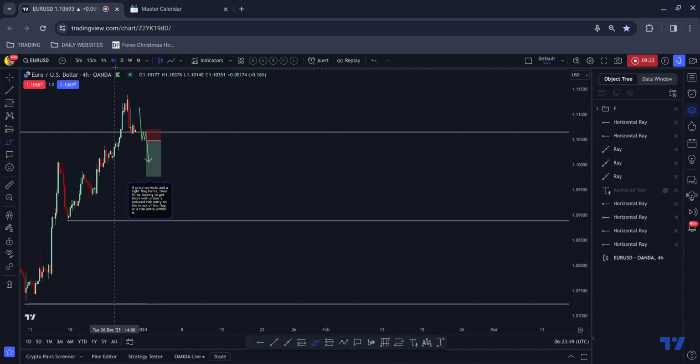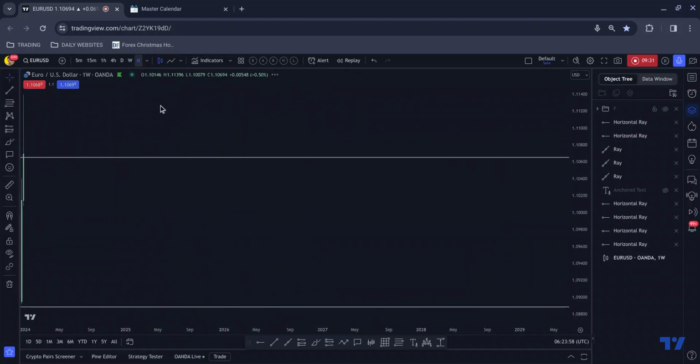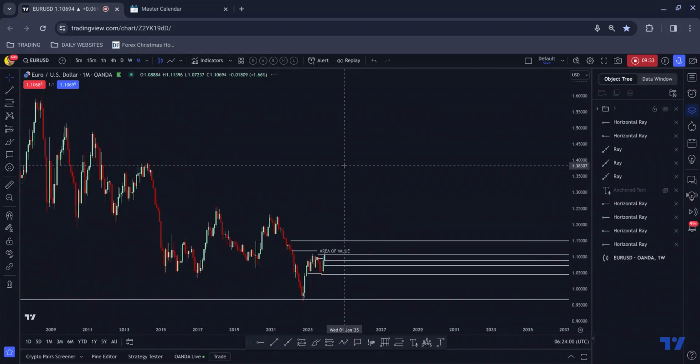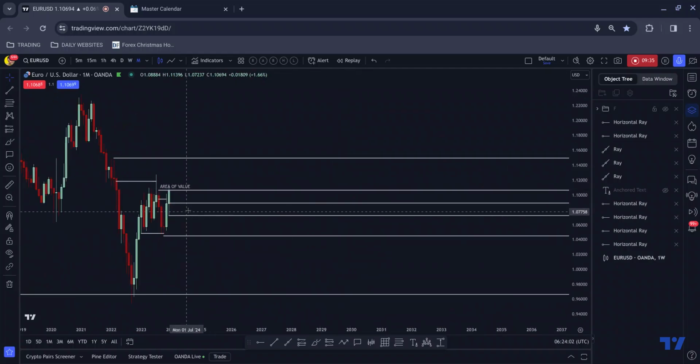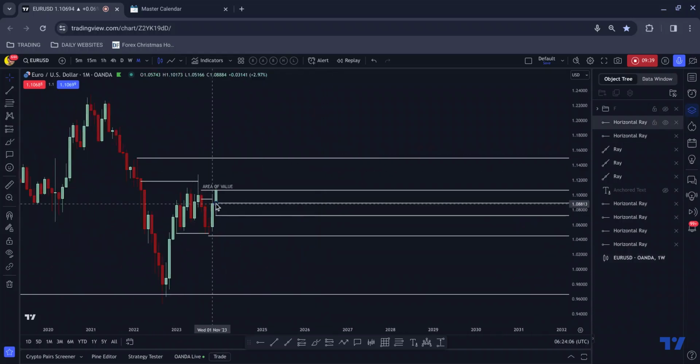And one of the reasons that I'm saying that is because if we just zoom out to the weekly, or better still, to the monthly, we do have to remember, look at this monthly candle here. When we have these bullish candles which have a massive wick below them, followed by bullish momentum, especially when it's the 29th of the month, which it is.